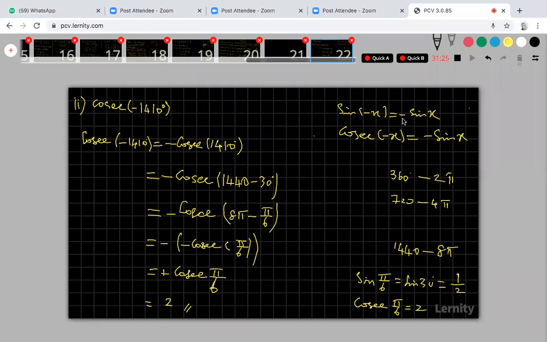So sine of minus 11 pi by 3 is nothing but minus sine of 11 pi by 3. Your 11 pi by 3 can be written as 12 pi by 3 minus pi by 3. Why, sir? I am going to write the given term in the form of sine of 2n pi plus x. Then only I will apply the formula.